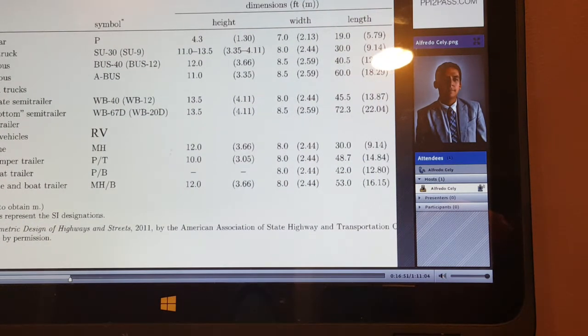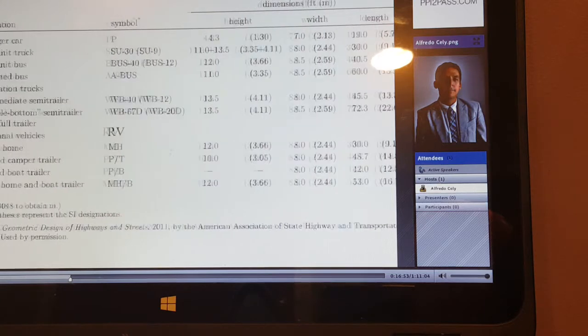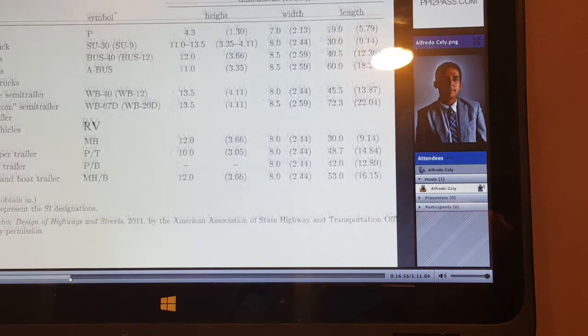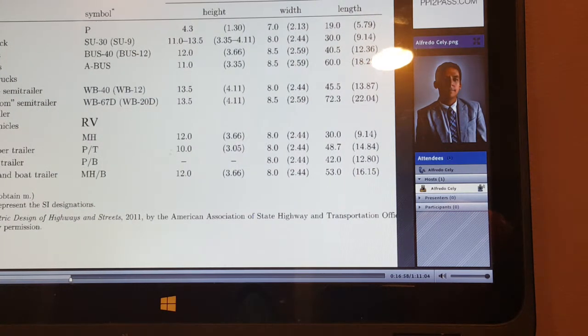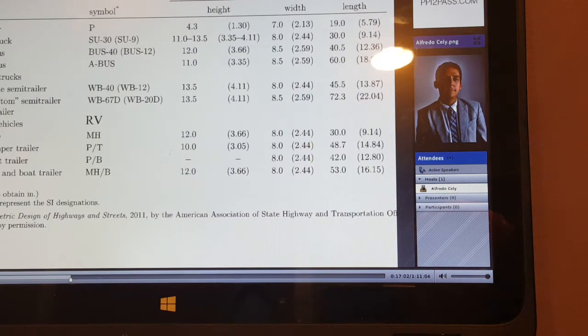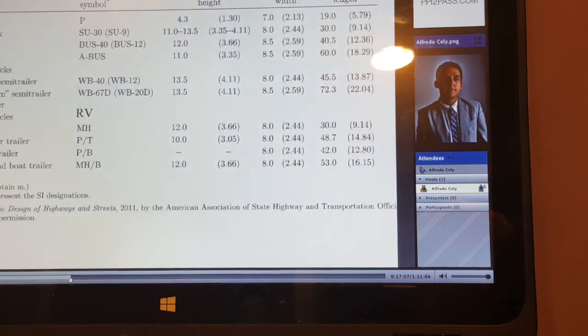A single unit truck has a height of 11 to 13.5 feet, a width of 8 feet, and a length of about 30 feet. And so forth for all the other type of vehicles.